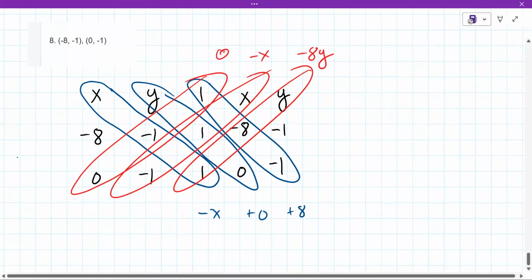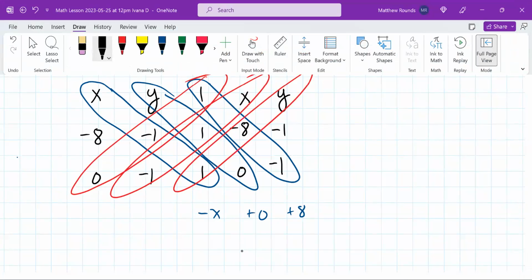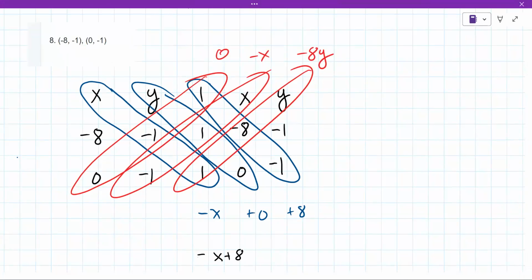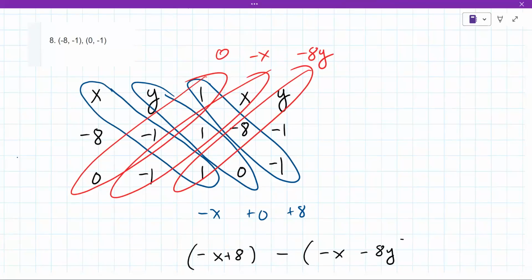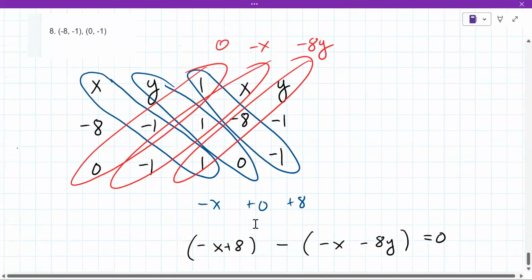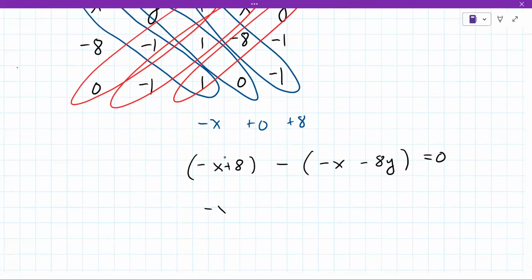Good. So just like we've been doing, you take the bottom ones, you add them together, which is -x plus 8. And then you subtract the top ones there: -x minus 8y equals 0. On the left here, you don't need the parentheses. So you just get -x plus 8. You distribute the negative in here, so it's plus x plus 8y equals 0.